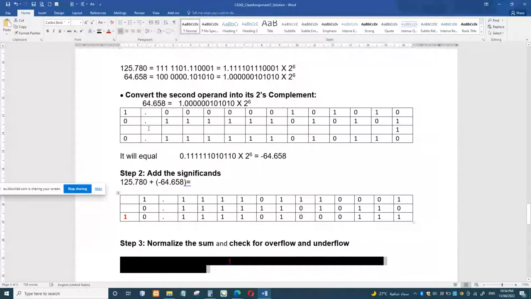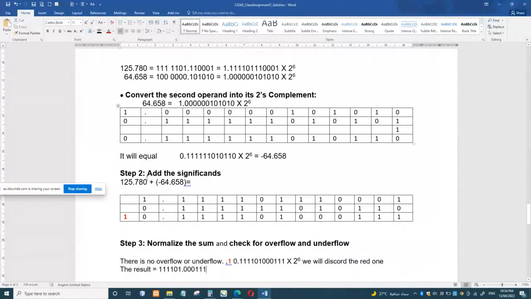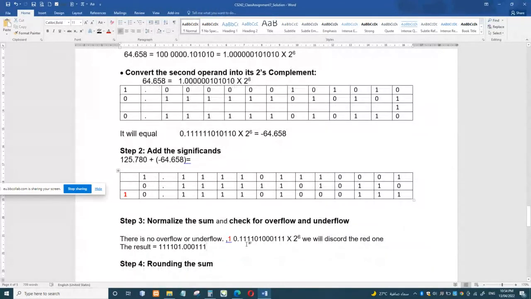But as we know, in our scientific notation we can remove this extra 1, and this is our result times 2 to the power 6, but we need to normalize it. We shift the binary point to the right, because with the power 6 we want to convert it to a normal binary point.